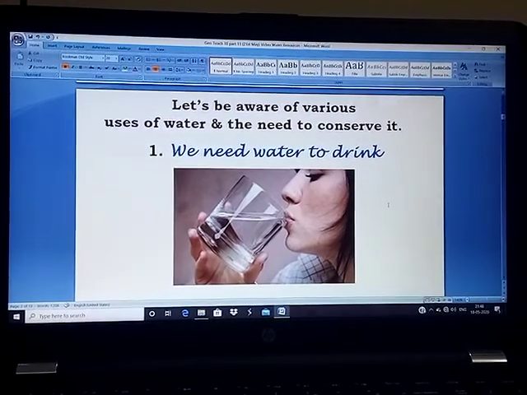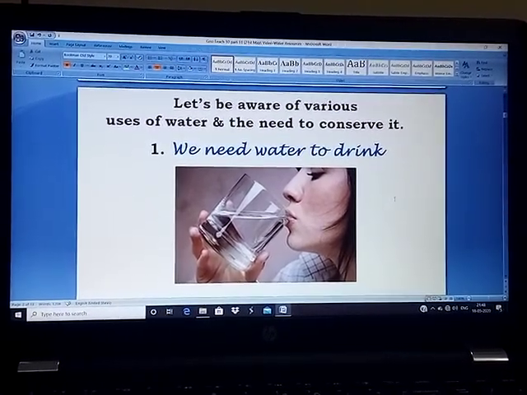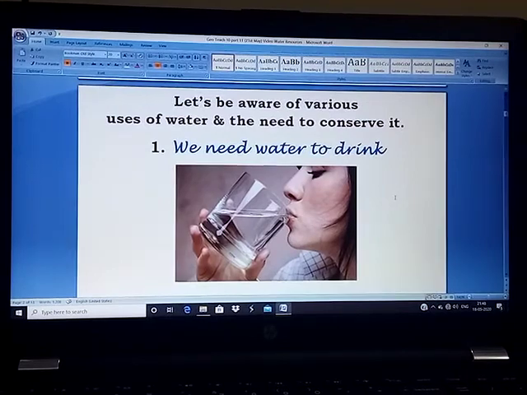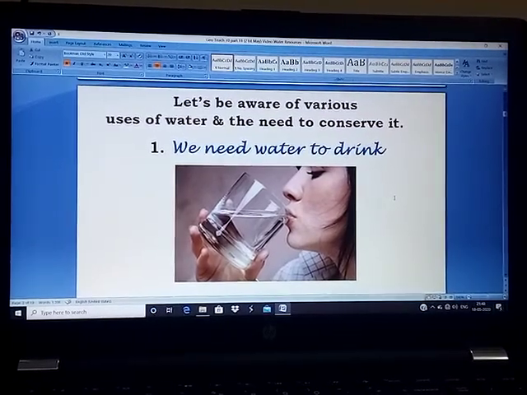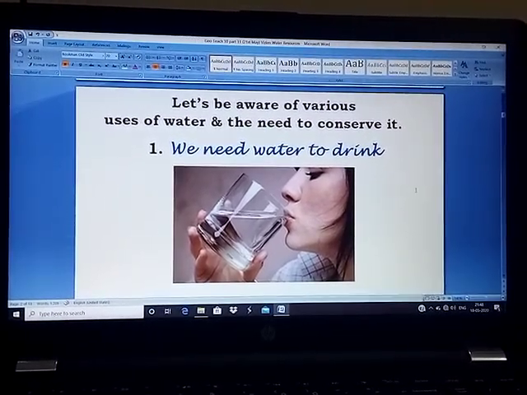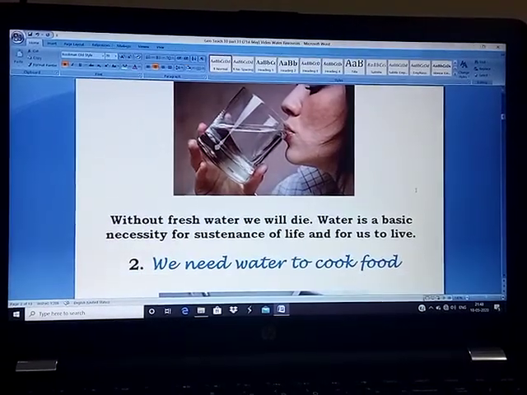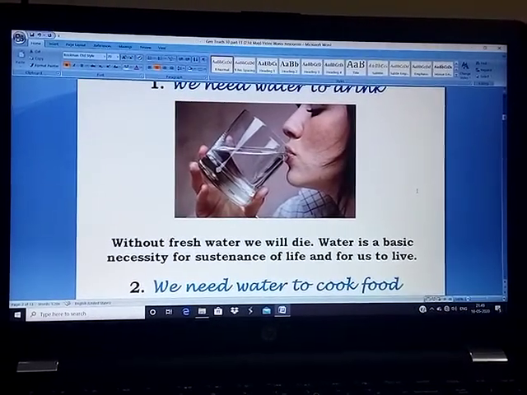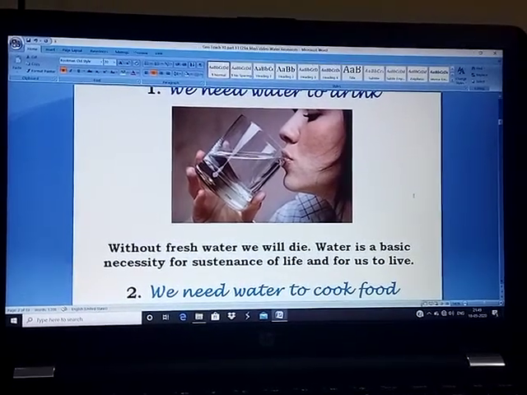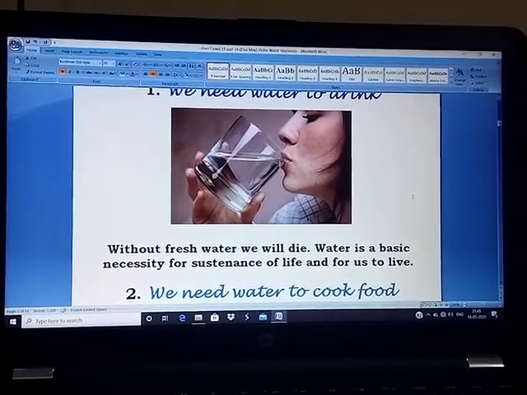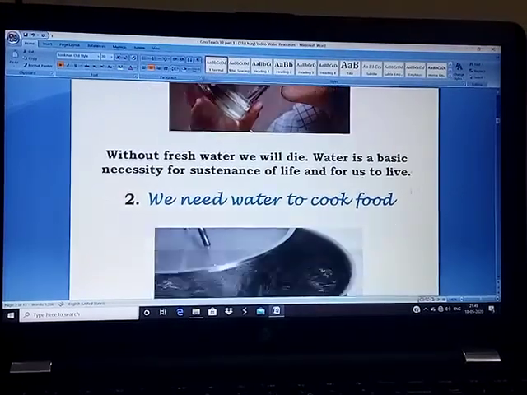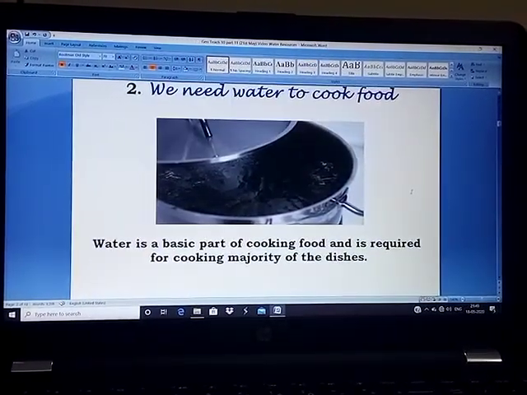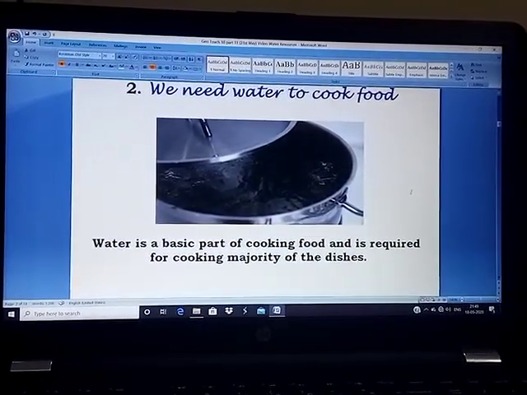The most prior thing in the world for us, for animals, plants and human beings, is that we need water to drink. So without fresh water, we will die. Water is a basic necessity for sustenance of life for us to live. The second was, we need water to cook our food.